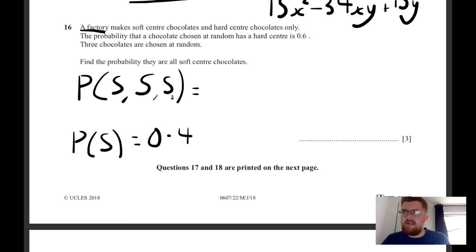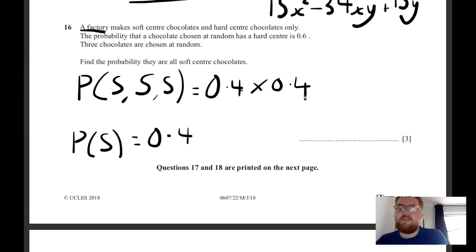Remember, and in probability means multiply. So you need to take the 0.4 and then we multiply by 0.4 again. And that's all there is to it for the answer.